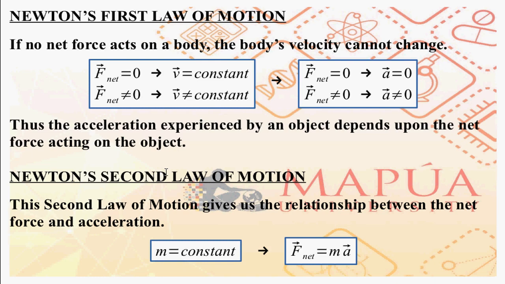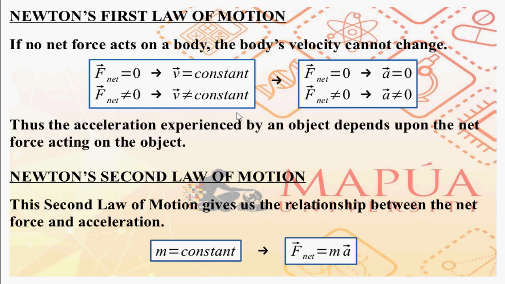This implies that the reverse is also true. If F net is not equal to 0, that means the velocity can change. The velocity of the object is not constant.